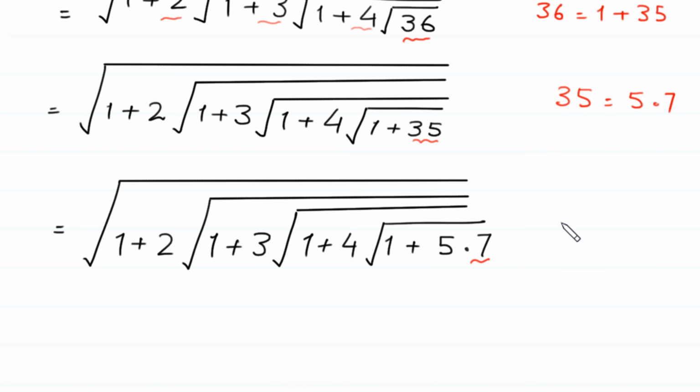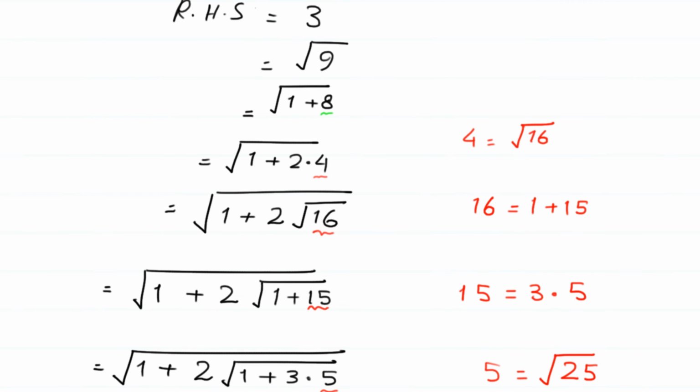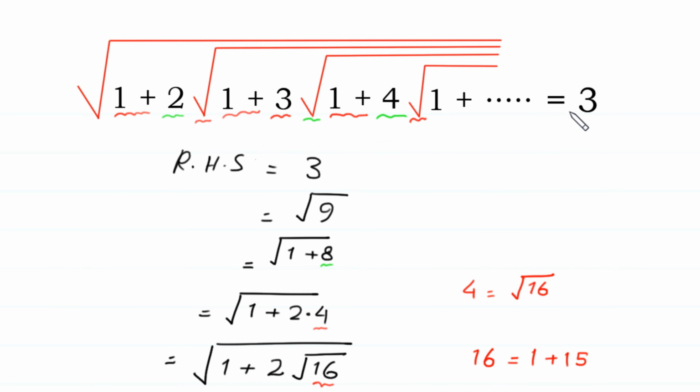And because this 7 is equal to square root of 49, we replace this 7 with the square root of 49, and if we continue this process up to infinity, it will give 3. So it is proved that the sum of this series is equal to 3.